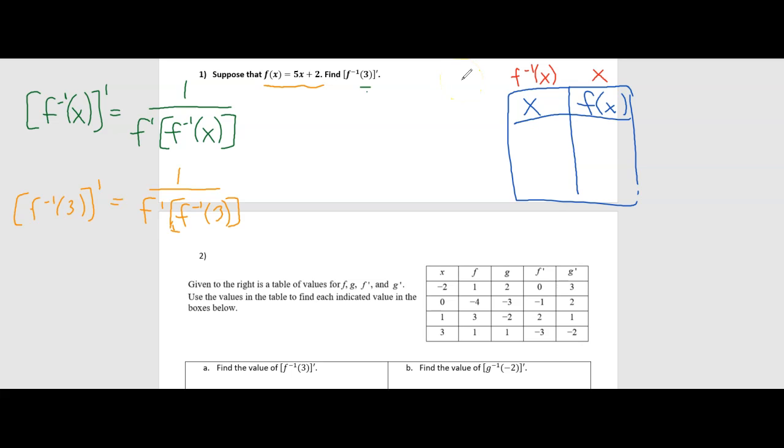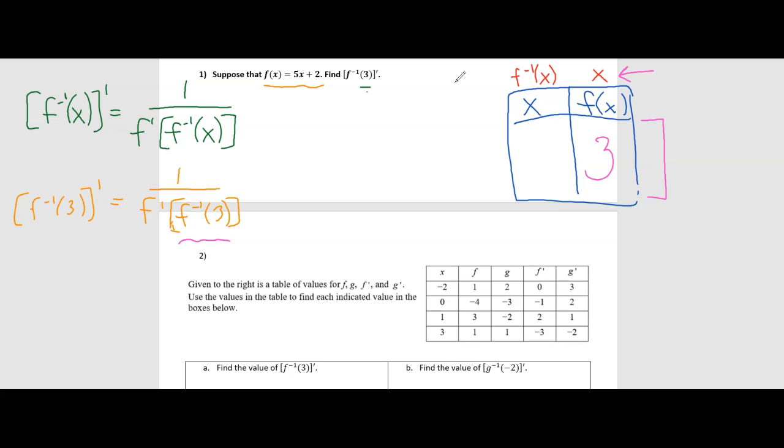And I need to figure out what f inverse of 3 is. So I need there to be a 3 in my column for the inputs of f inverse. That's this x. I need there to be a 3 in this column right here, because then I can figure out what my f inverse of 3 is. If I need a 3 in this column, that tells me that f of x is equal to 3.